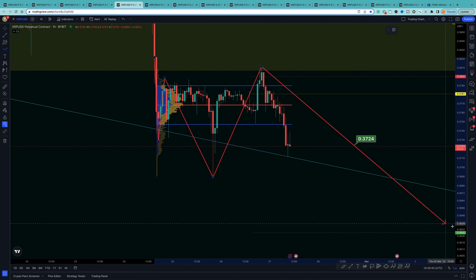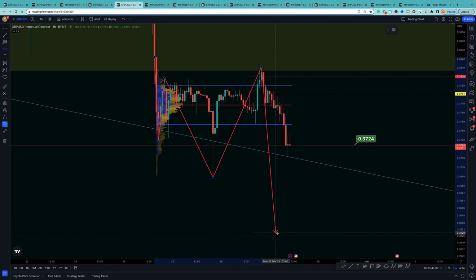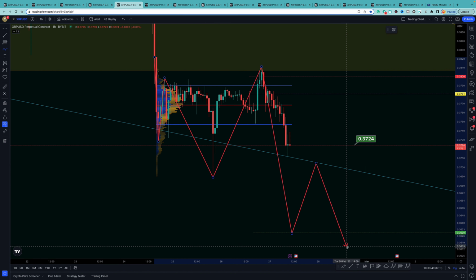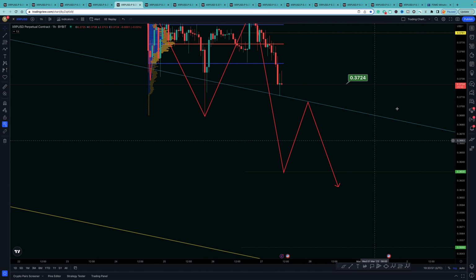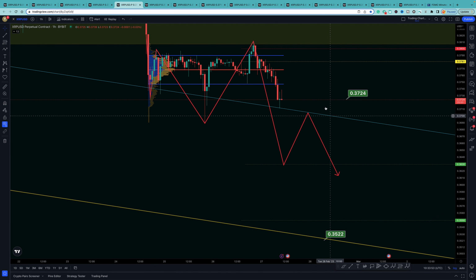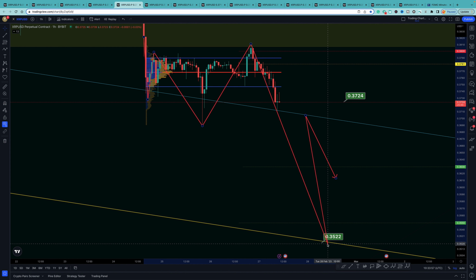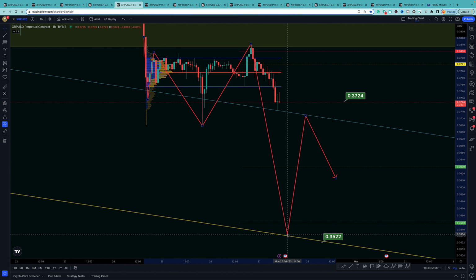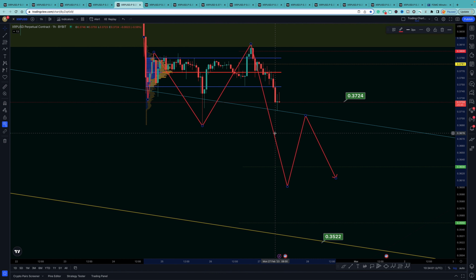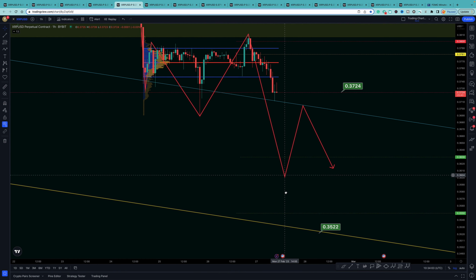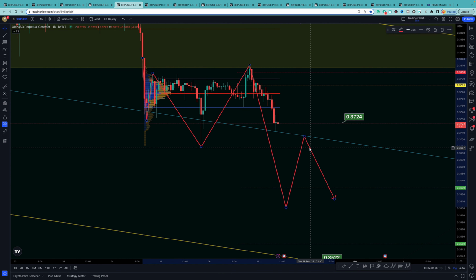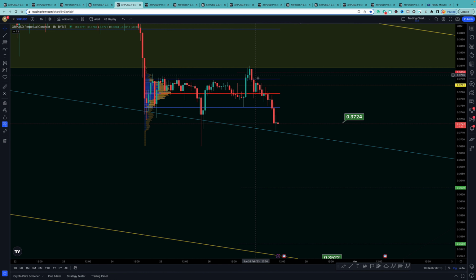I'm mindful that we might just get a drop potentially to 36.30 or so, and then possibly a bit of a back test, and then a continuation on down. Or else the daily just takes over and it wants to go down and hit this level down here faster. But you can see what I'm looking at with regards to this early range.